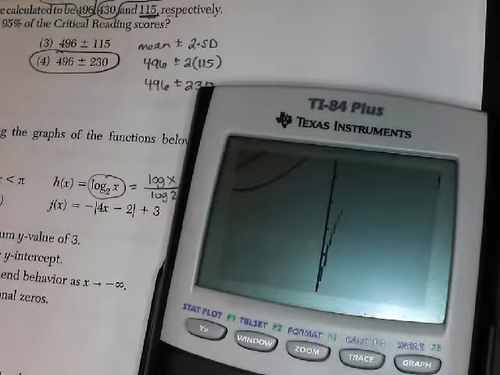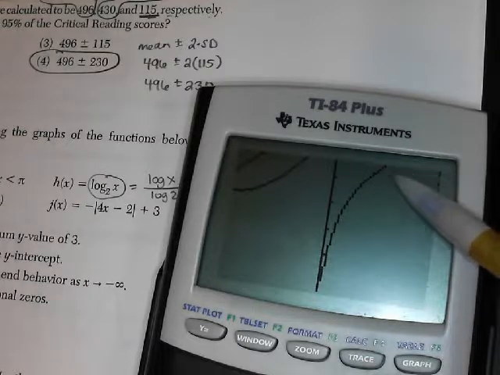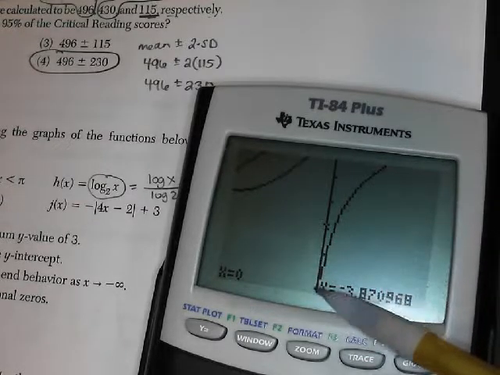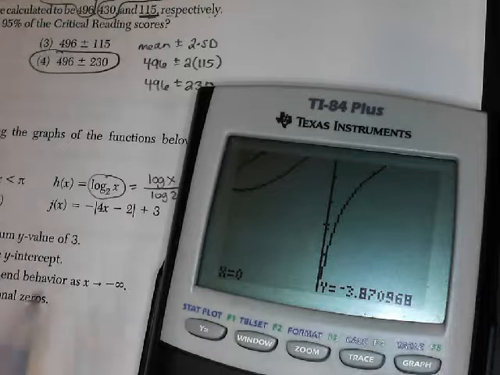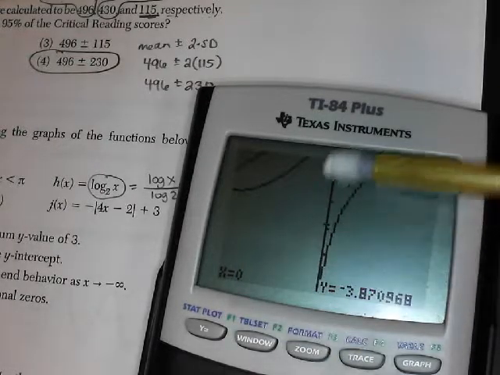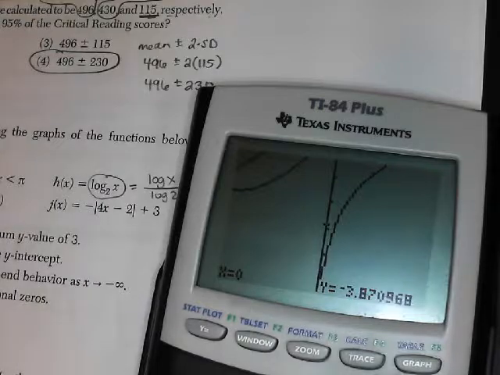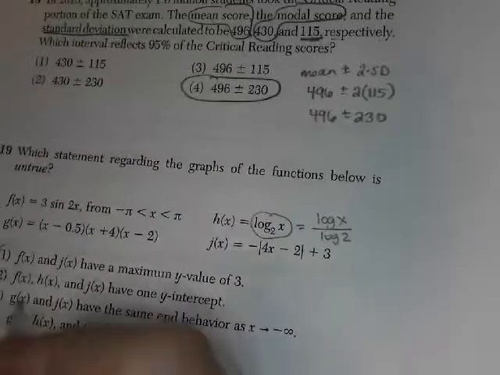Yeah, this is not ever going to actually hit the y-axis, because we should know with our log parent graph that the y-axis is an asymptote. So it is not hitting the y-axis, and therefore this one is the one that's untrue.